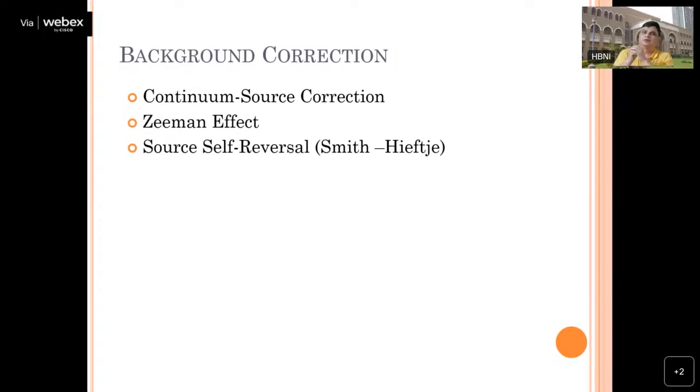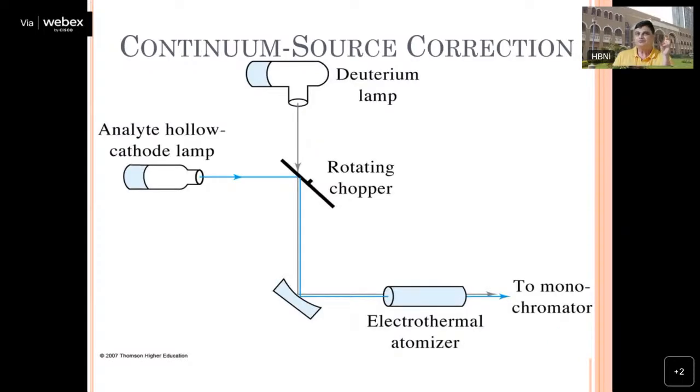Otherwise, there is the continuum source correction, for which we are using the deuterium lamp, and the other one is the Zeeman, where we are applying a magnetic field around your atomic cell. So this is generally how we carry out the continuous source corrections by using the deuterium lamp.